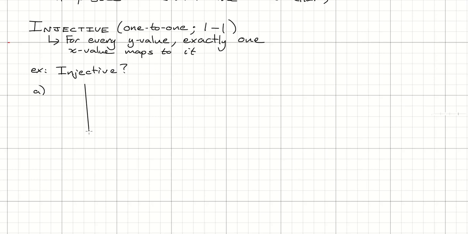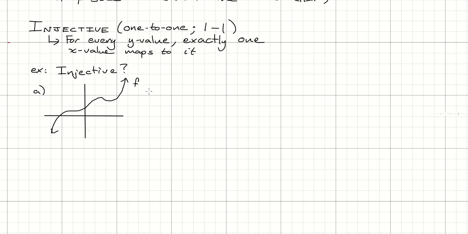So on A, let's say we get this lovely graph of some function f. I just made it kind of wiggly.